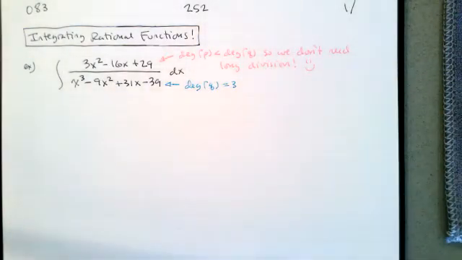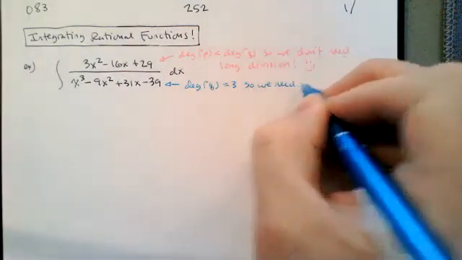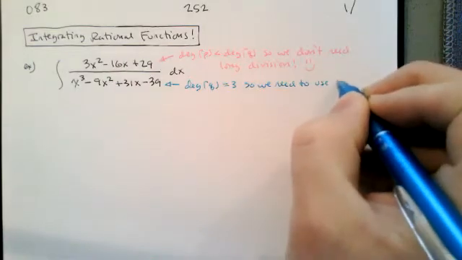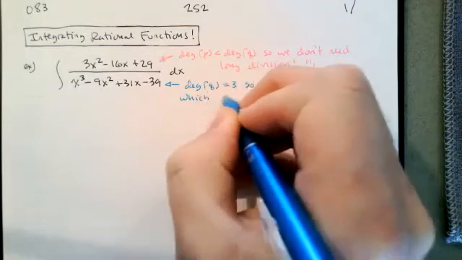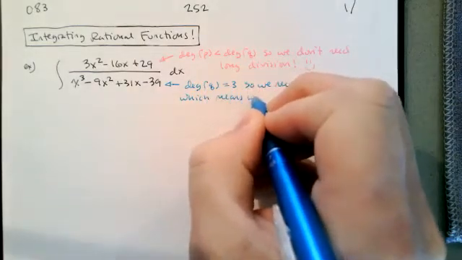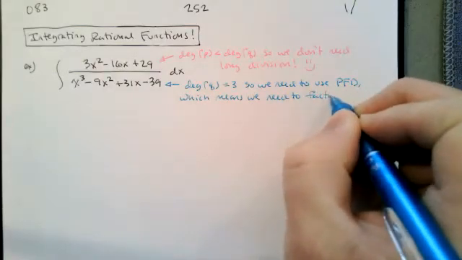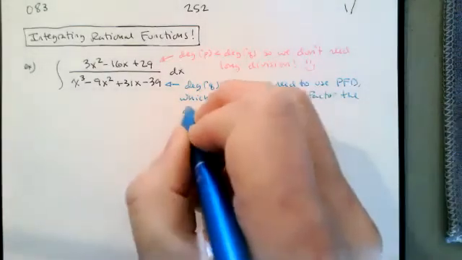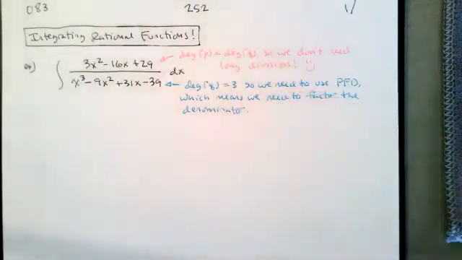So we have more than a quadratic in the denominator, so we're going to have to use partial fraction decomposition, which means we're going to have to factor that denominator.